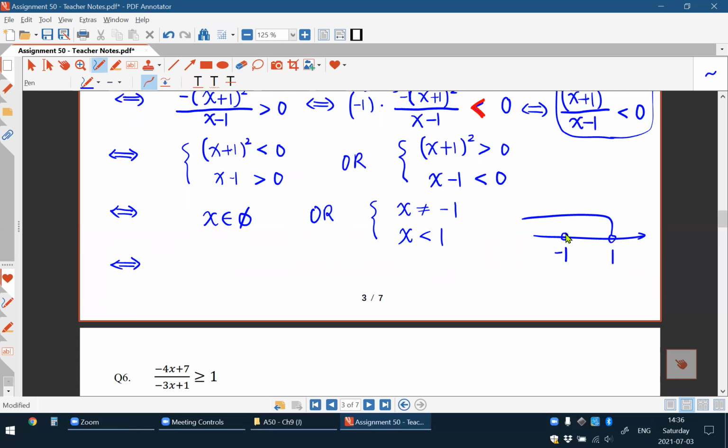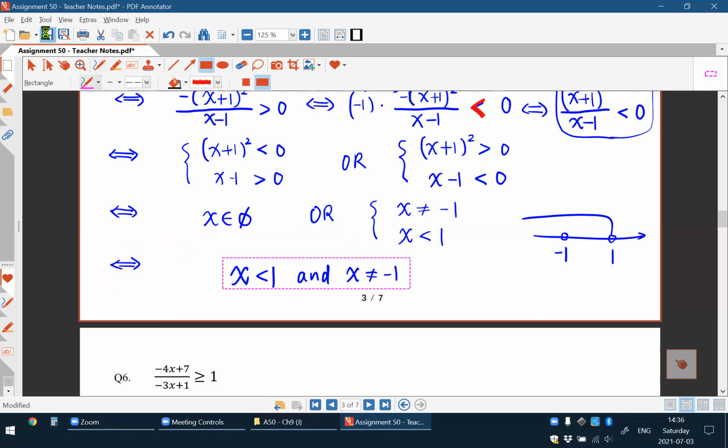So we need to remove this point. And so the final solution is x should be smaller than 1 and x cannot be minus 1, right? This is our final solution.